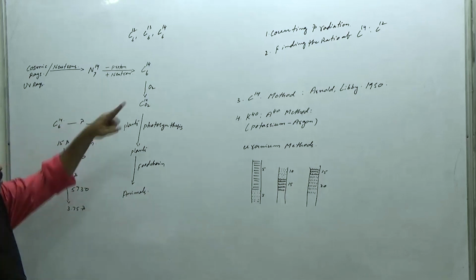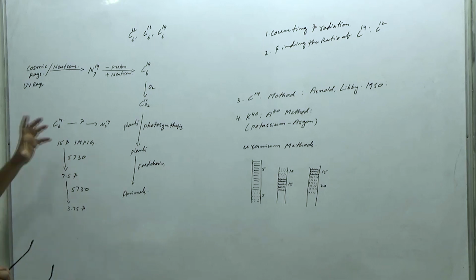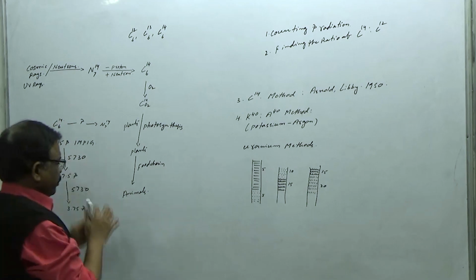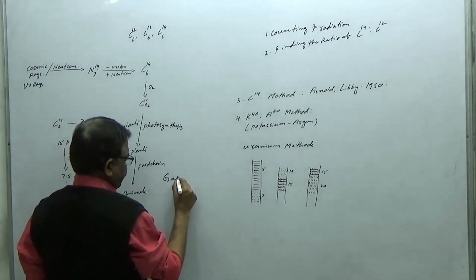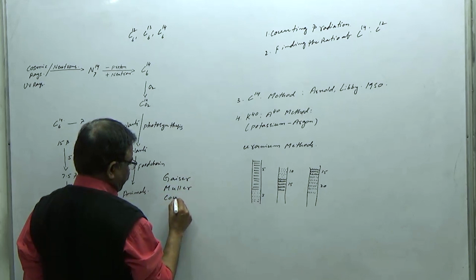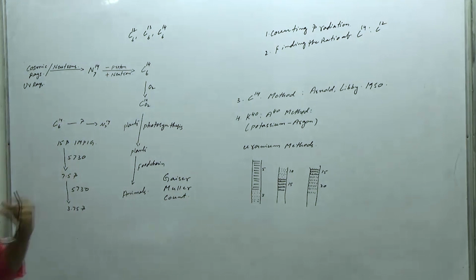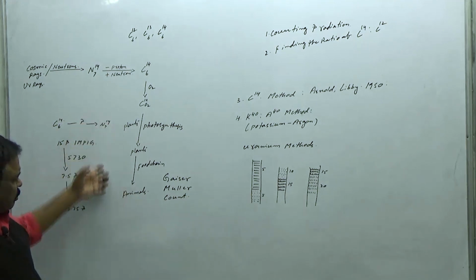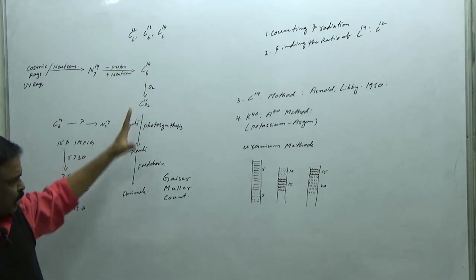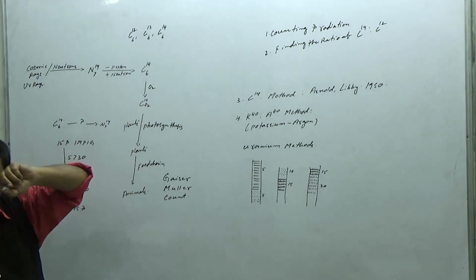The first is counting beta radiation by using the Geiger-Muller counter. This is the name of an instrument. By using the Geiger-Muller counter, we can analyze the number of beta radiations, and by analyzing them, one can understand the age of the fossil.